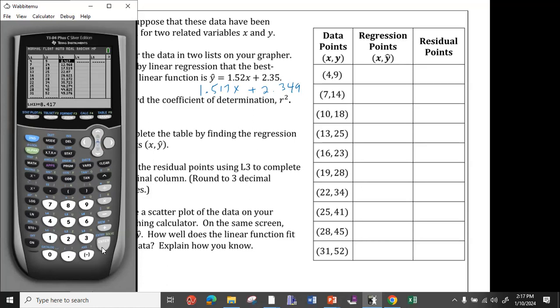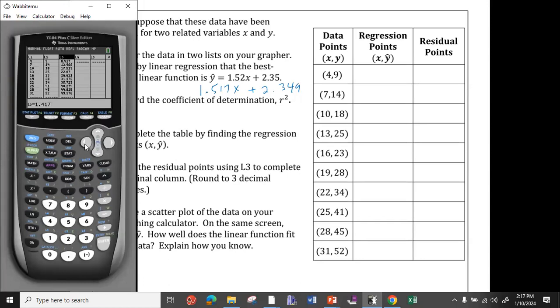Is there any option to just do second graph? If the numbers jump around, you just jump around. But these don't. It gives you exactly what they are. Wait, what did you do? So I'll do it again. I went to L3, I'm gonna clear it, and I'm gonna type in 1.517.